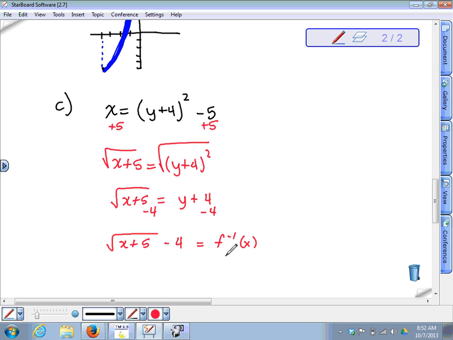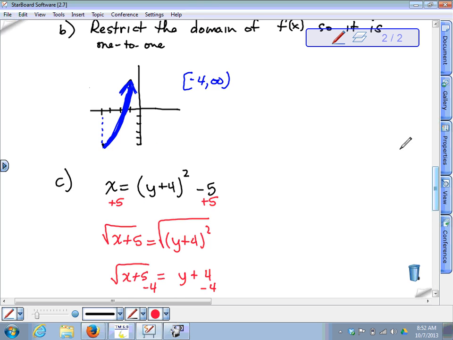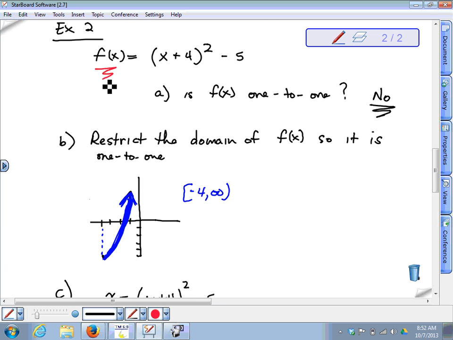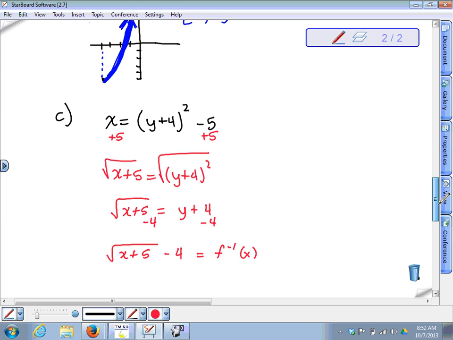Yeah, because technically we started in function notation here, so you should end using function notation.